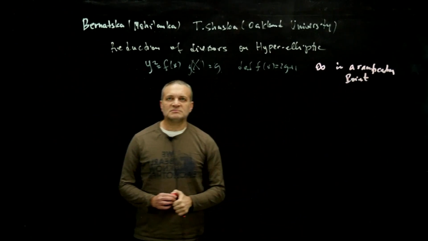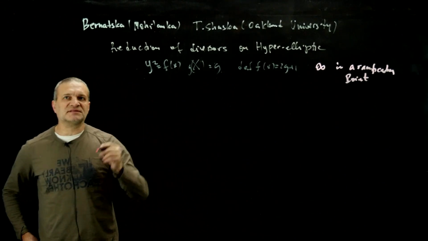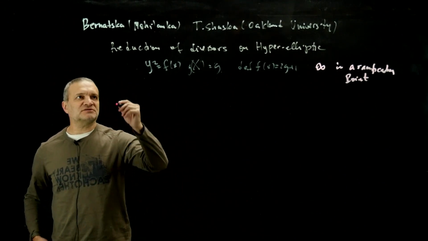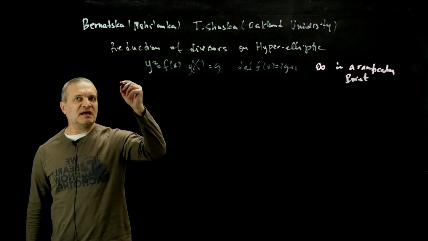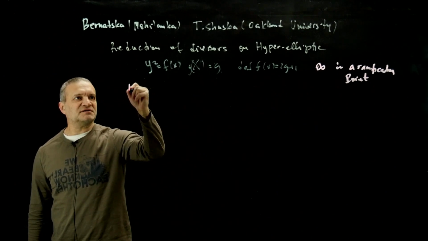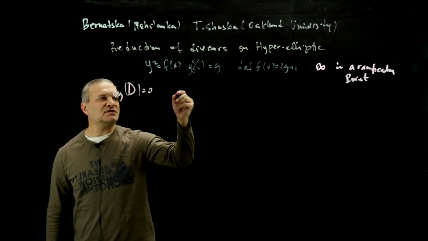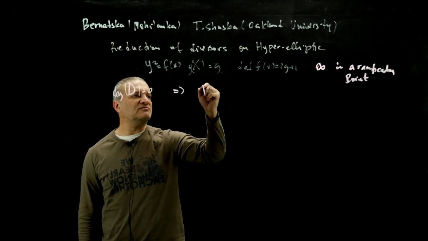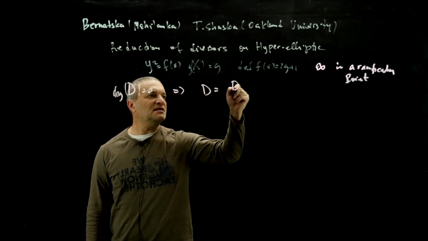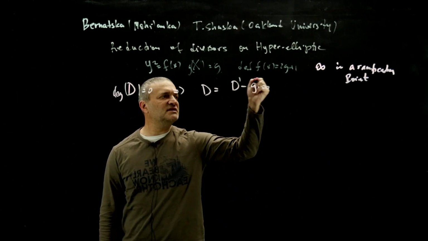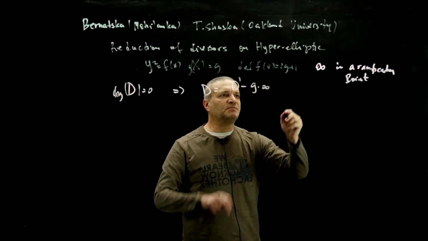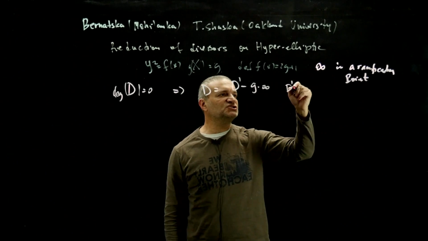Now, introducing the Mumford standard notation, a divisor D of degree 0 inside the Jacobian is called reduced if we can present it in the following form: D' minus g times infinity, where D' is a positive divisor of degree g.